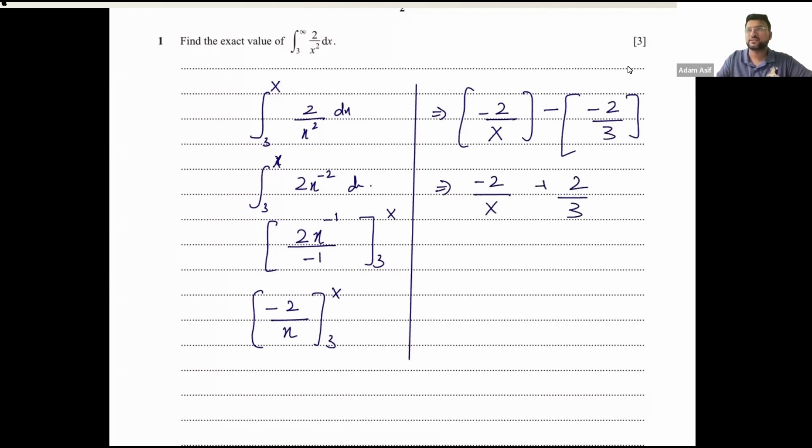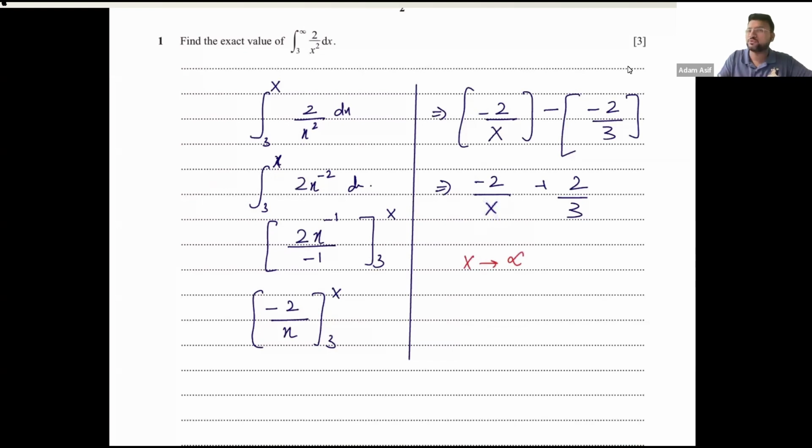Now, what was x? x was infinite. So when x approaches an infinitely large value, what will happen to this fraction? x is in the denominator.